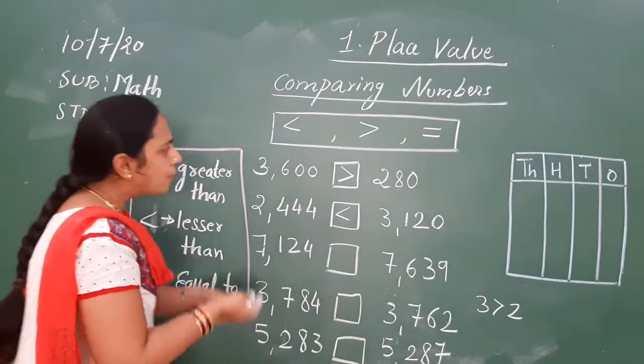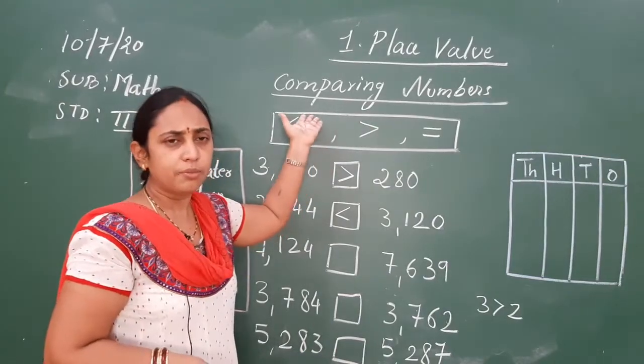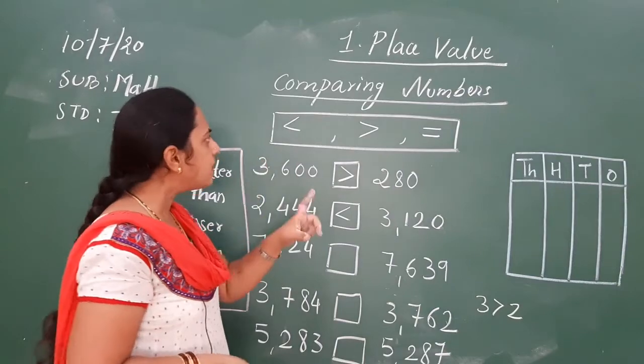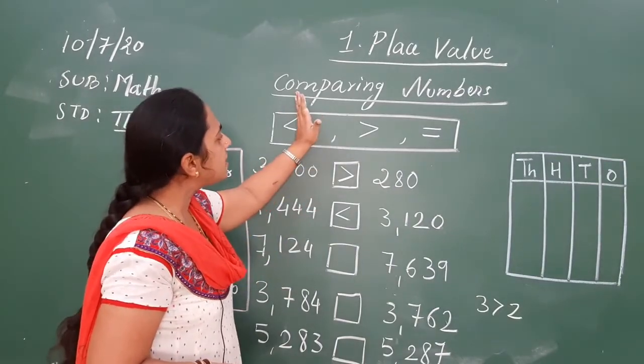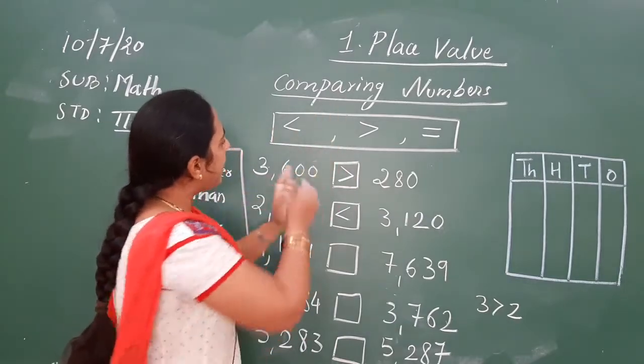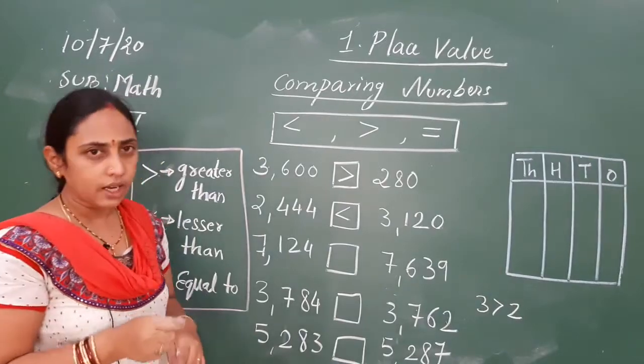So that's why I said the sign is not that much important. That means this is the greater sign, this is the lesser sign, because the only thing we should remember is that the sign should always be a greater sign. That means the number towards which it is open will be the greater one.